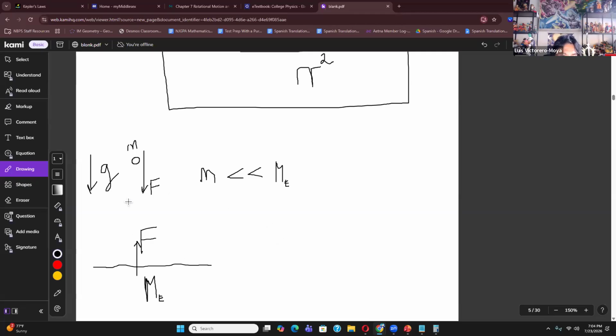We see the acceleration of gravity of the apple towards the tree, but we don't see the acceleration of the earth towards the apple. There is a force, and technically the earth moves towards the apple, but it's negligible because of this. So the force is the same, the acceleration is not.